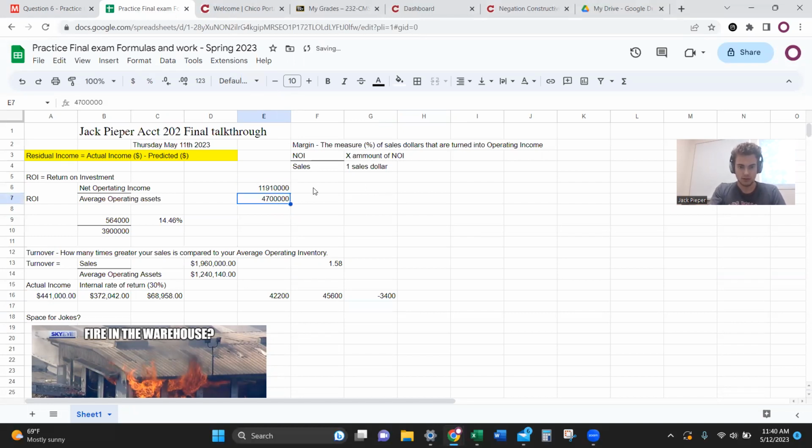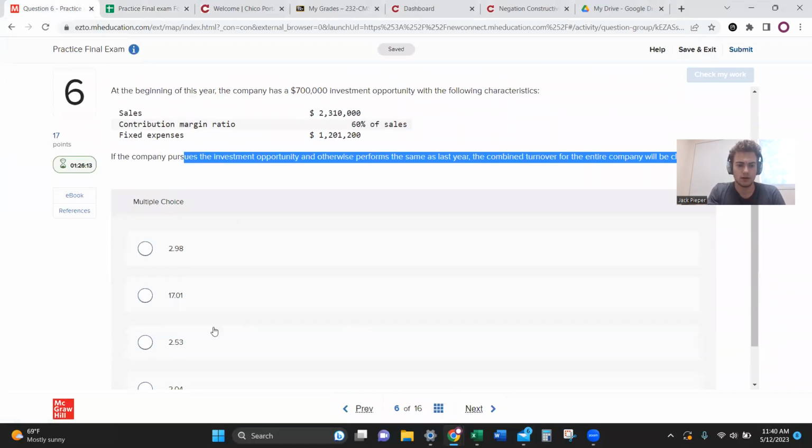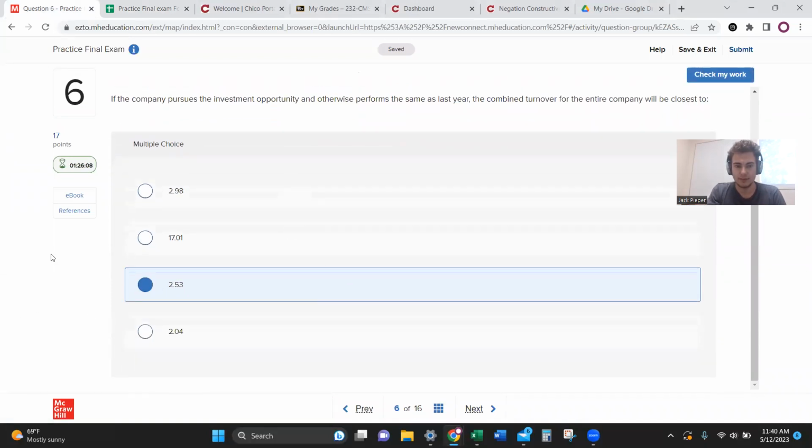All right, and we can divide those two. 2.534, like that. Okay, and again, that's not a percentage. That's just a number. So our sales were 2.53 times greater than our average operating assets. So we can definitely generate a lot of sales with that.